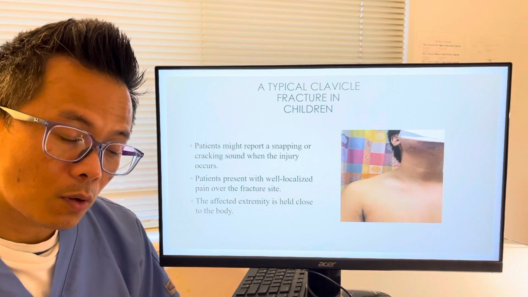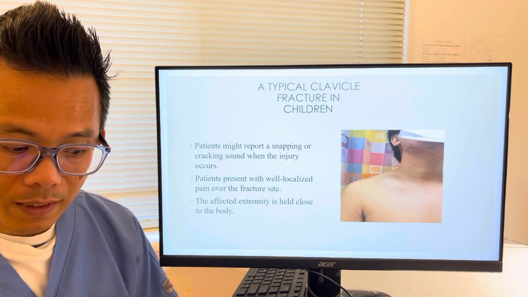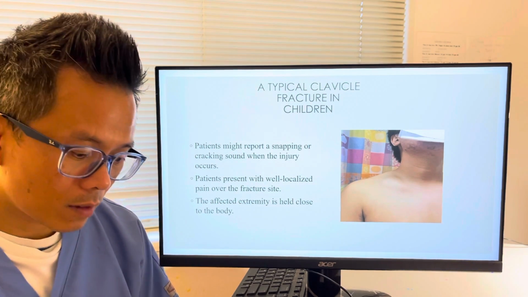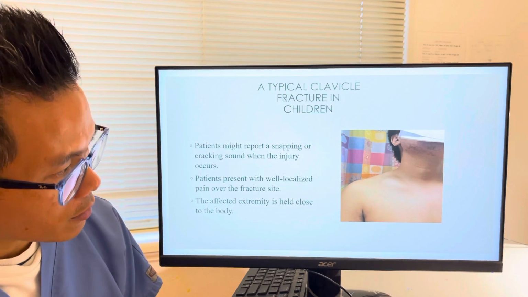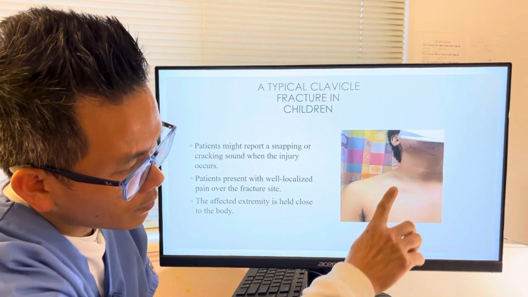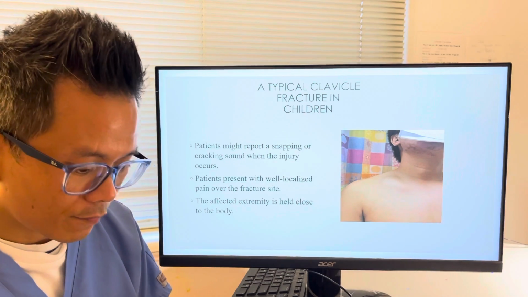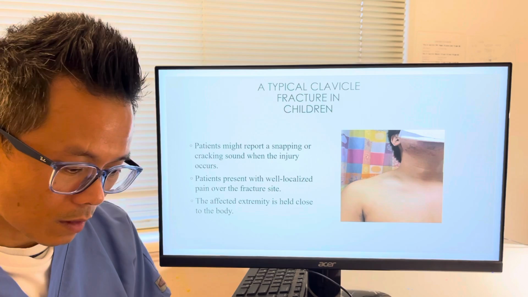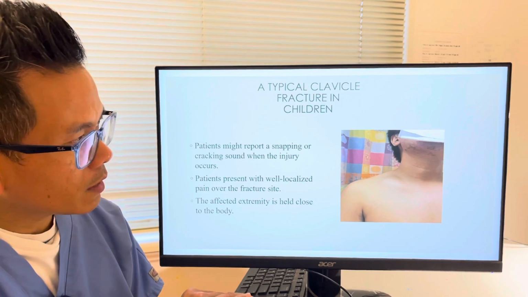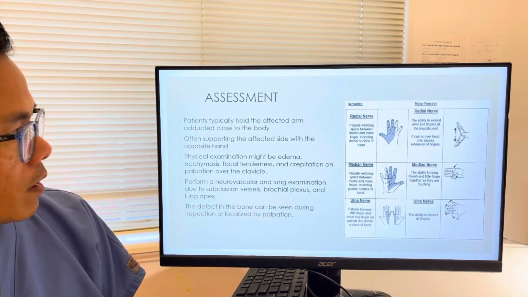This is a typical clavicle fracture in children. The children usually report a snapping, cracking sound when the injury occurs, and they present with well localized pain over the fracture site. You can see there's some swelling right here, and generally they hold the arm close to the body. Okay, the assessment. How do we assess?